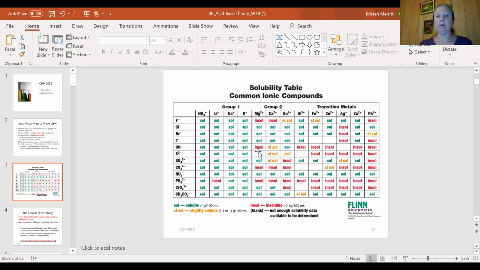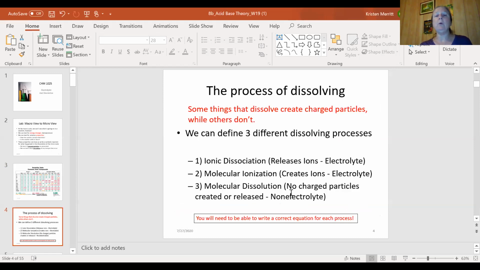The answer is nothing. If you get a question like that and you look it up on the table, nothing. It's insoluble. So that's the 4th option. But when you have substrates that dissolve, it's going to be one of these 3 reaction types. And the name of the reaction type tells you what's going on. And I'm going to go into each one.